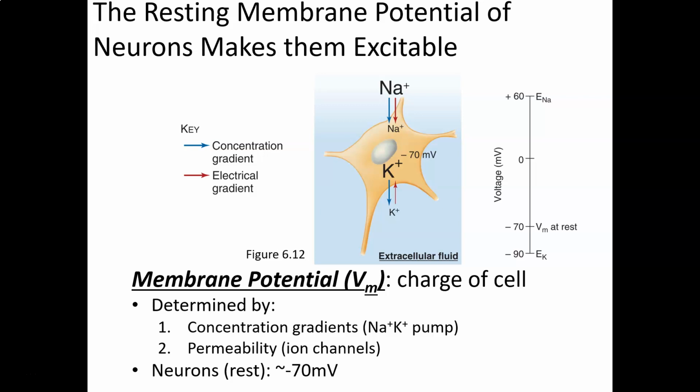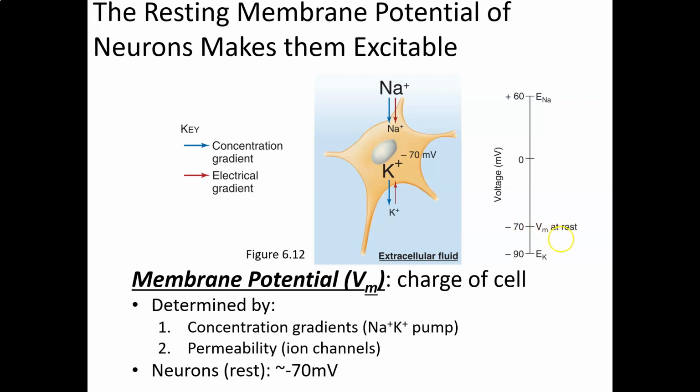Now, we can look at another potential. It's called the resting membrane potential, and it's minus 70 millivolts. So again, if you look at this graph right here, you have the equilibrium potential for sodium at positive 60, the equilibrium potential of potassium at minus 90, and you see that this minus 70, it says VM, that's the resting membrane potential.